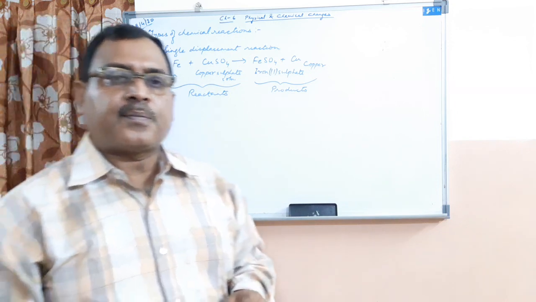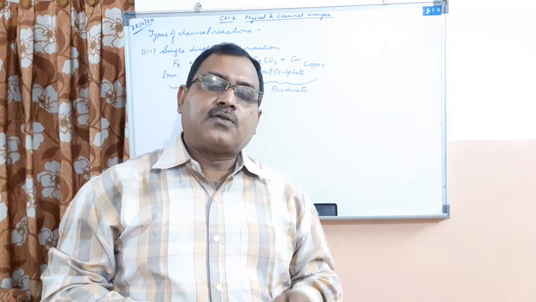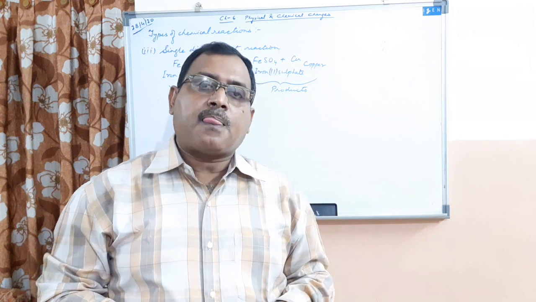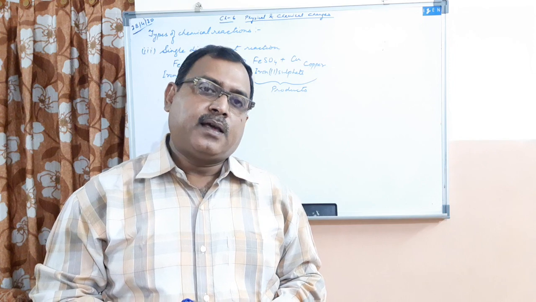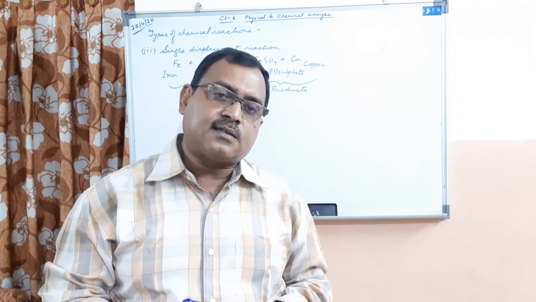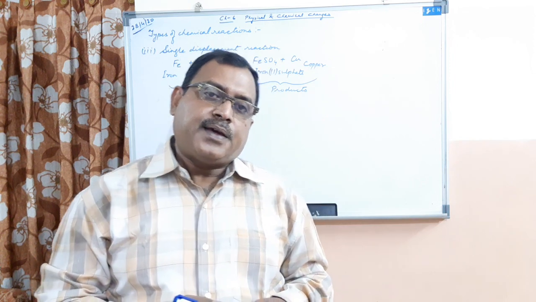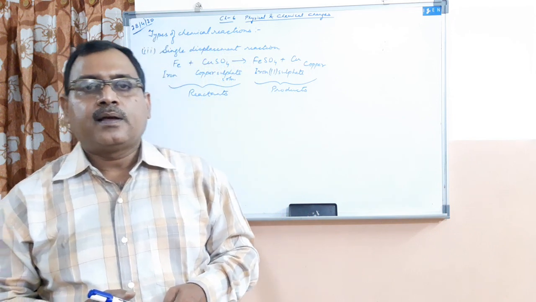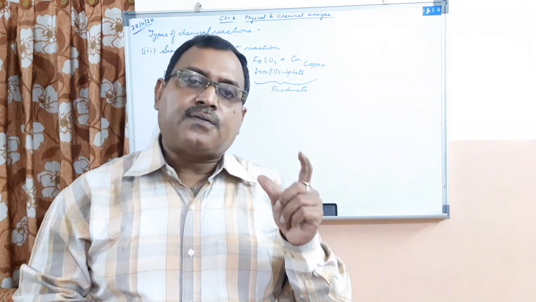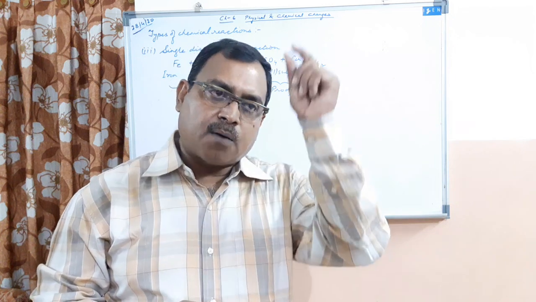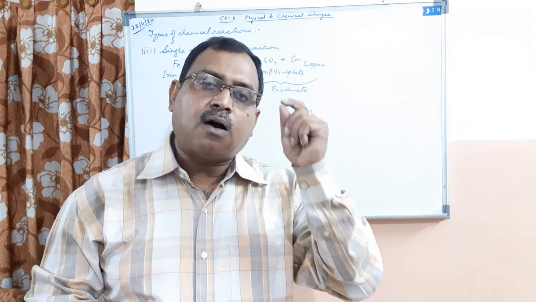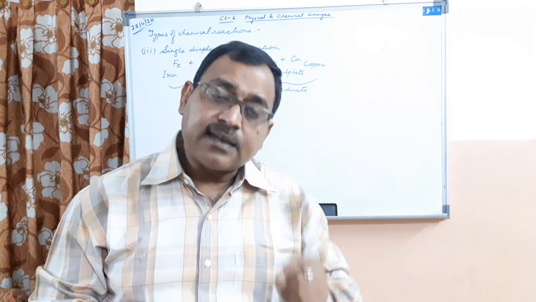For this, you have to remember the reactivity series of metals. Reactivity series of metals is a list of metals arranged from top to bottom in the order of decreasing reactivity.